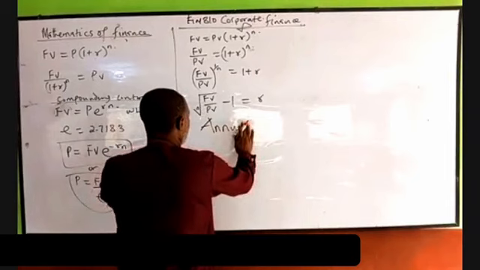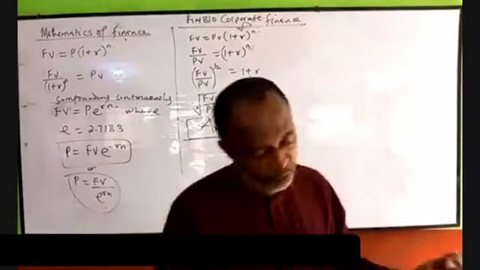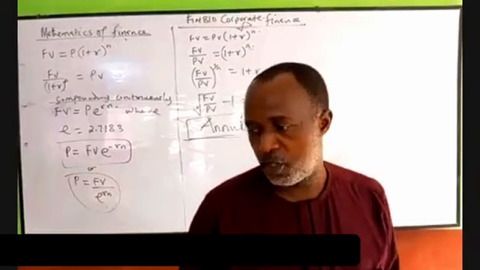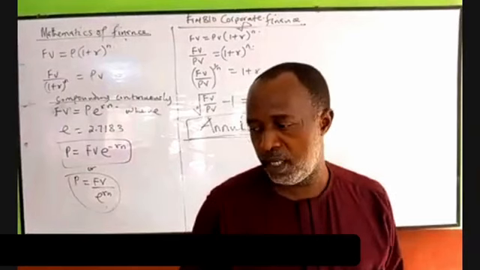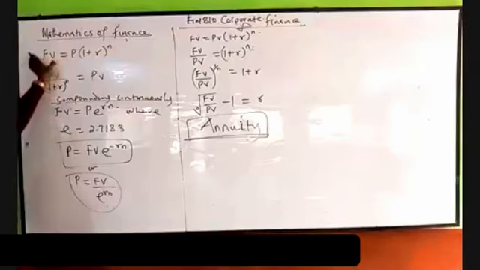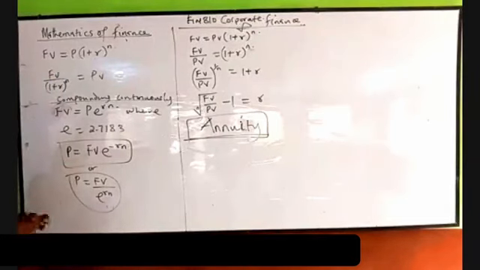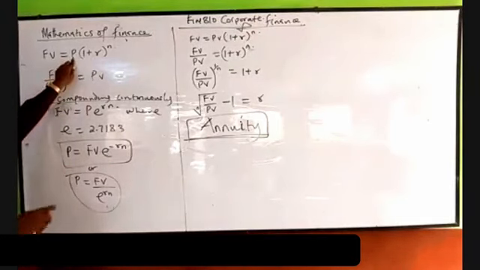It's also part of mathematics of finance. This one is the future value of a single amount of money, a lump sum. That means my present value is just paid once.